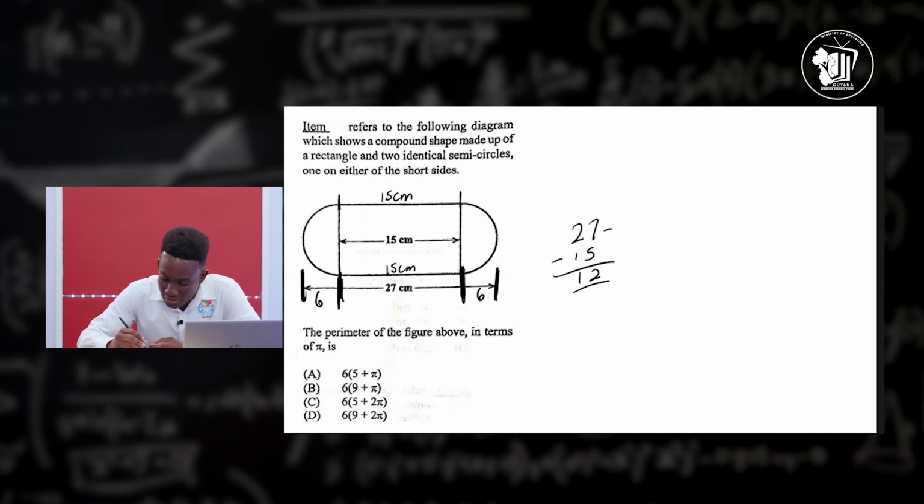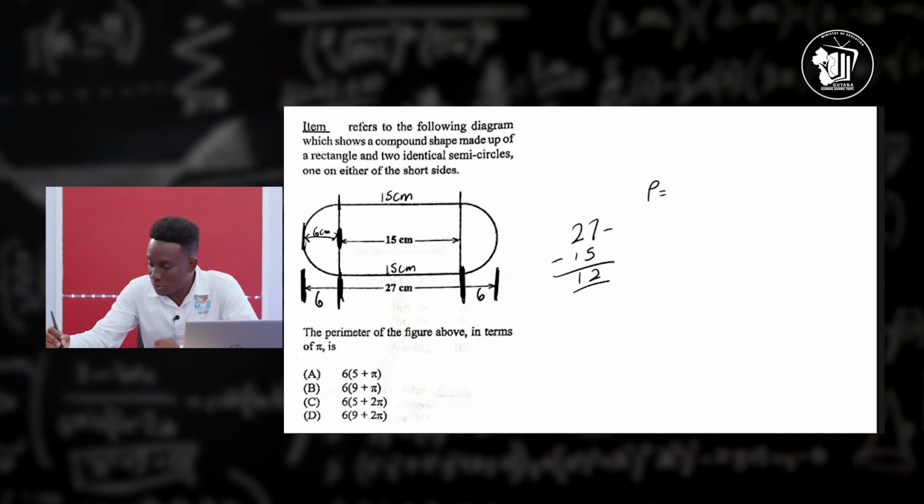From here to here would be 6, which would be the same as the radius. So we found the radius. Now we can find the arc length of these two semicircles. Since we have two semicircles, if we just find the circumference of one circle, that will give us the total for the two semicircles.